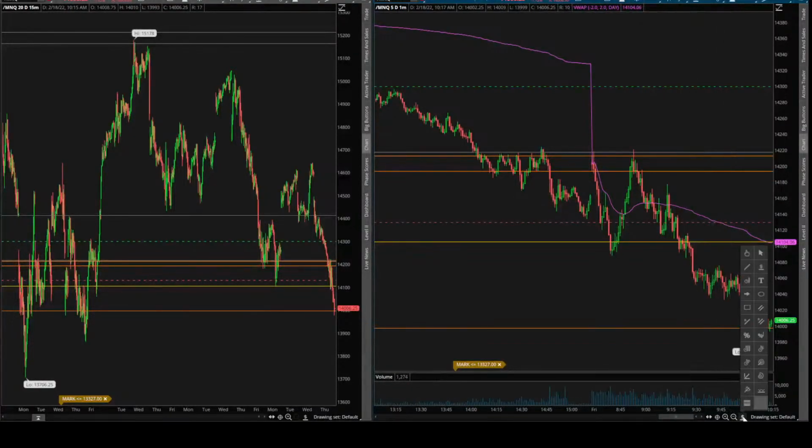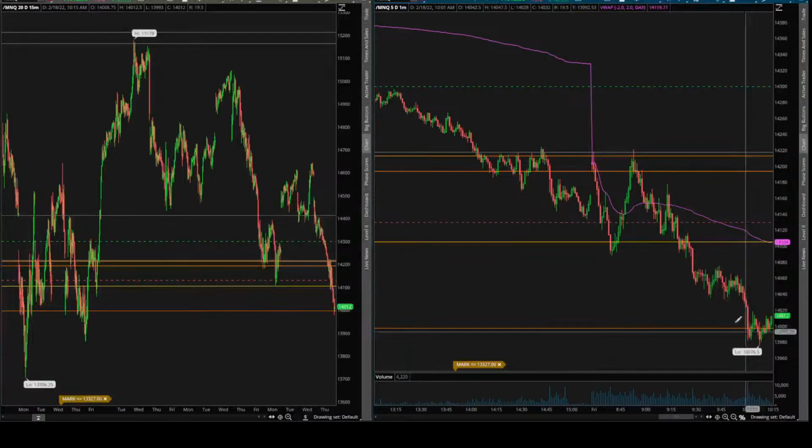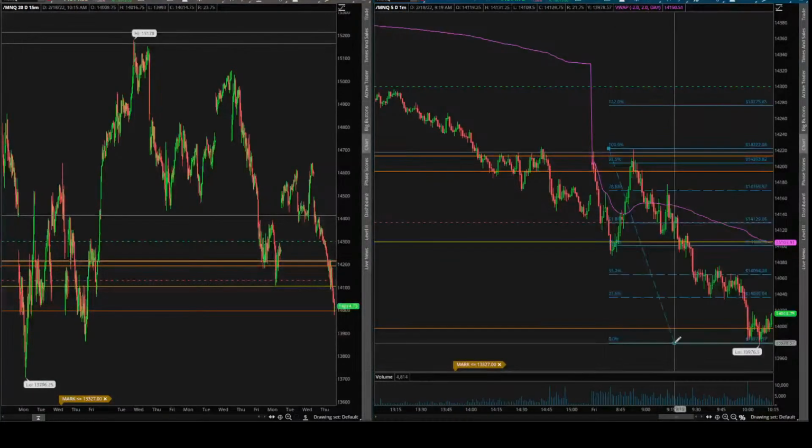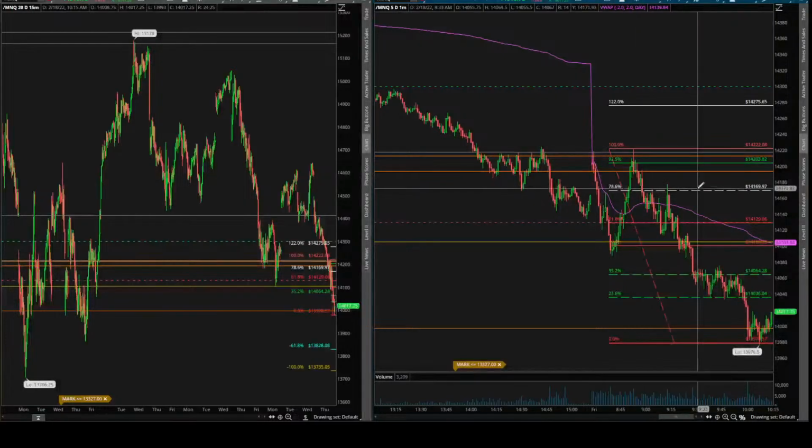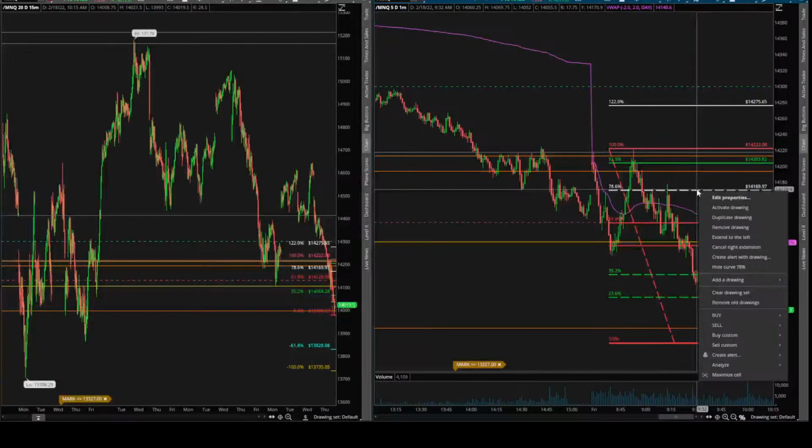MNQ. Oh, that should be halfback right there, that yellow line. Now NASDAQ, we're getting a perfect lineup of halfback and VWAP right there at the same spot. So we'll keep note of that.